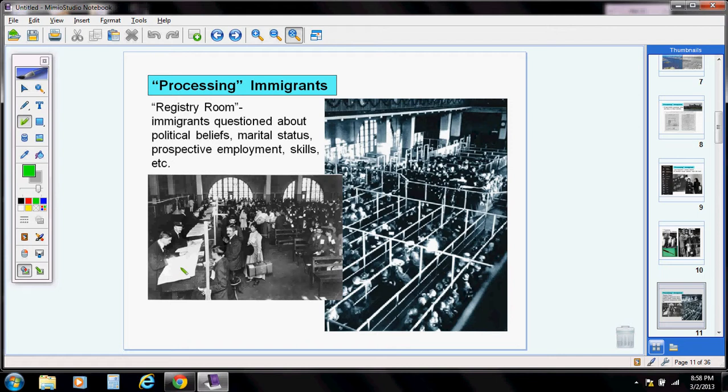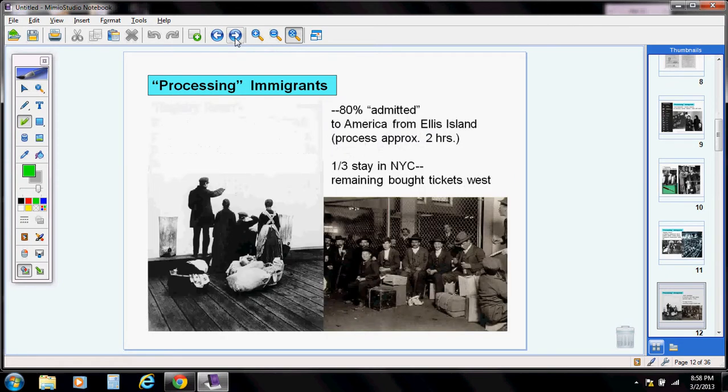So you just had to say, well, I have prospects of employment, but I have not already been offered a job, or you could be deported. Your skills, what did you have to offer the country, so that you would not be jobless or skillless and a burden to American citizens.